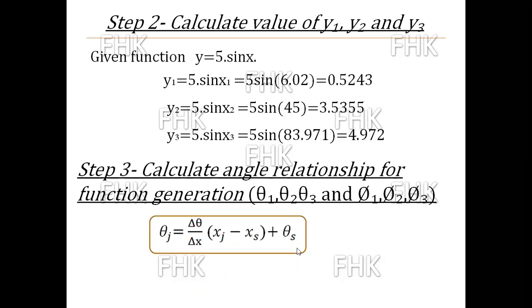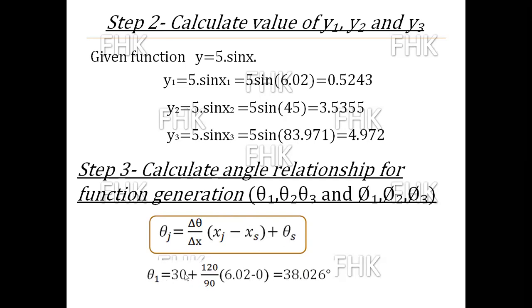So the equation, as we learned in the previous session, is theta at j equals delta theta divided by delta x, into x at j minus x starting, plus theta starting. We have all the values, so by putting in xj, theta starting, delta theta and delta x, I will find theta at 1.